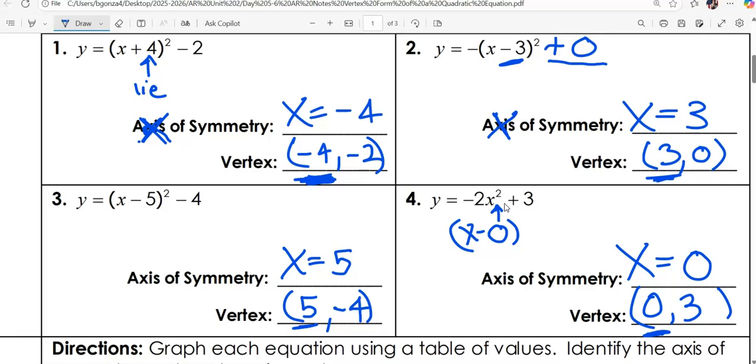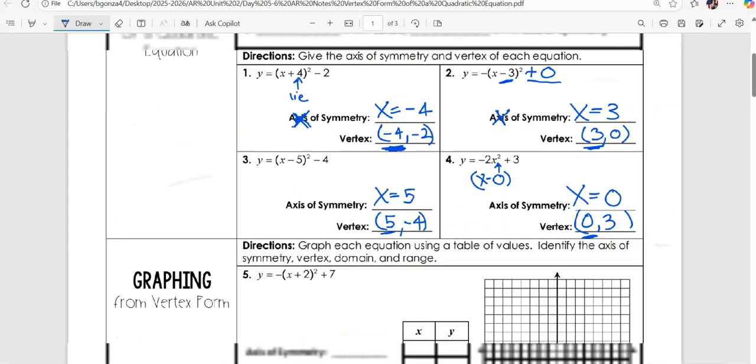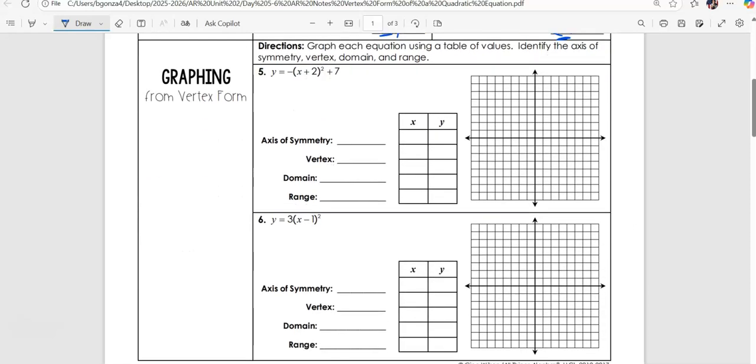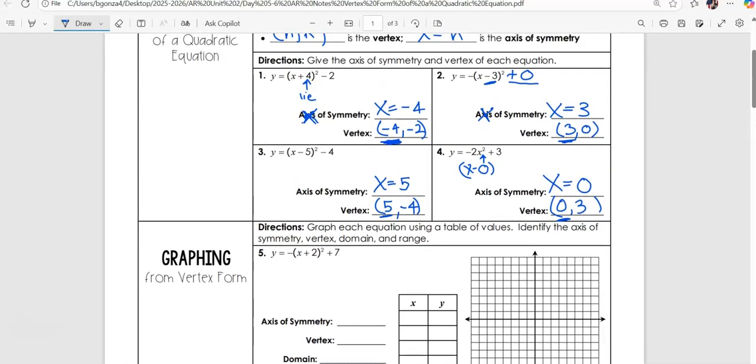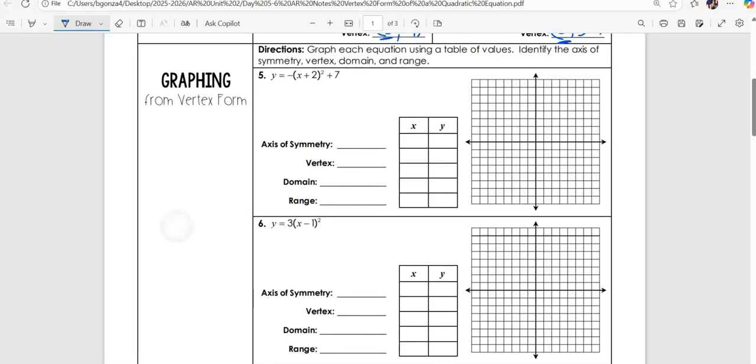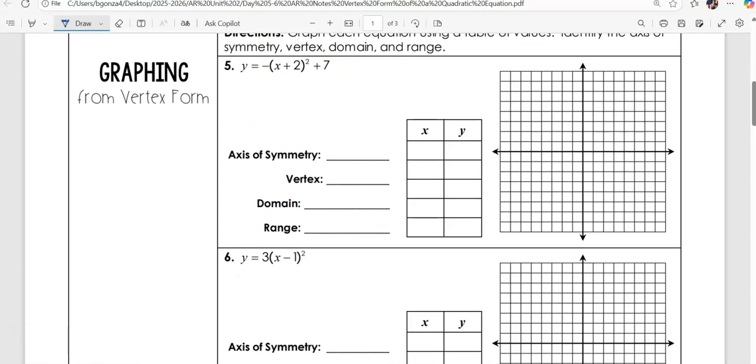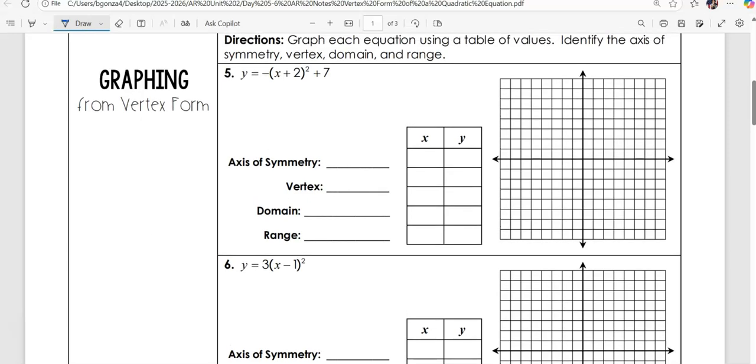That's half of what we're doing today, not whole. Does anyone still need this? Okay, here we go. Graphing. We're going to do that other half on Monday.